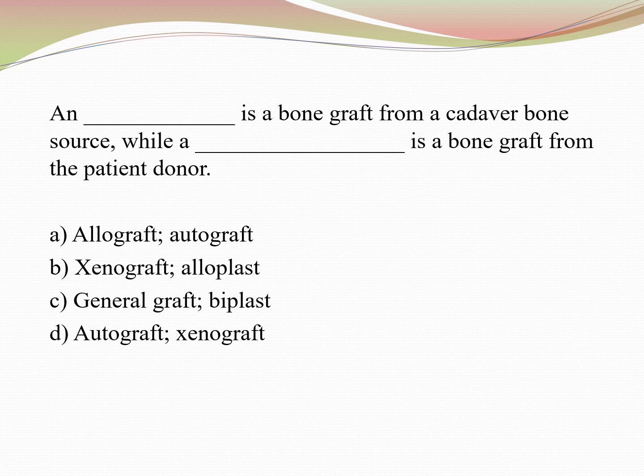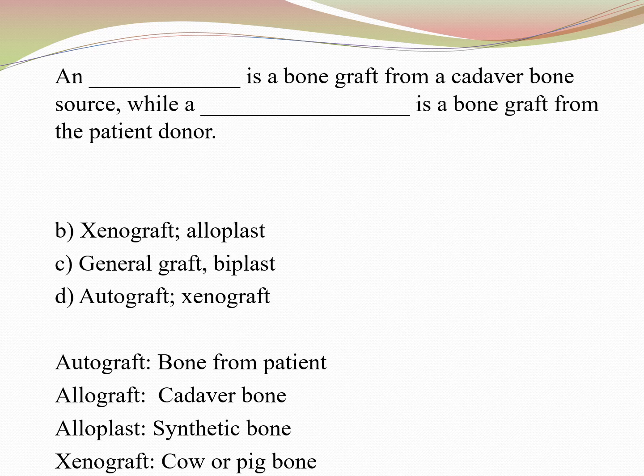A blank is a bone graft from a cadaver bone, while a blank is a bone graft from a patient donor. Allograft, autograft, xenograft, alloplast, general graft, biplast, autograft, or a xenograft. And our answer is an allograft.